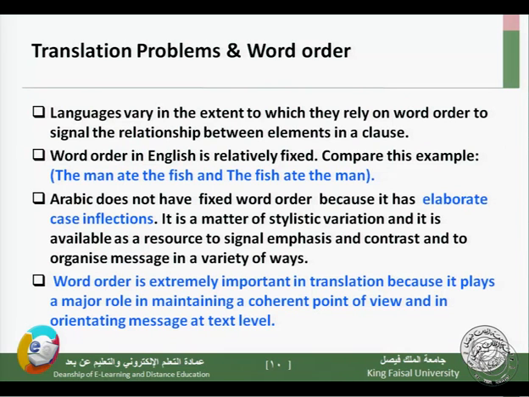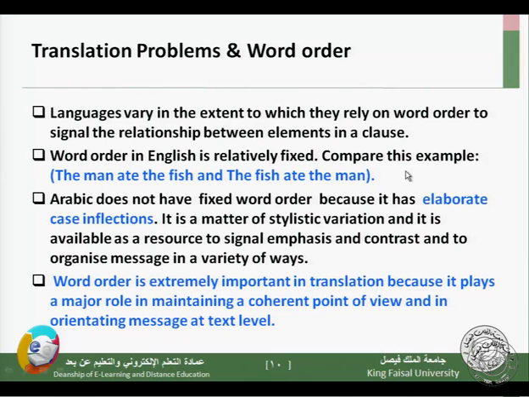Because it signals the relationship between elements in the clause. You can tell the relationship between the elements of the clause from the order: subject, verb, object. This is the order. Now, word order in English is relatively fixed.